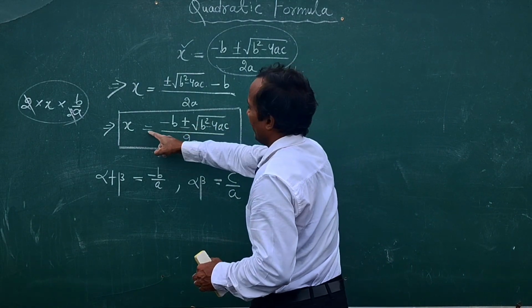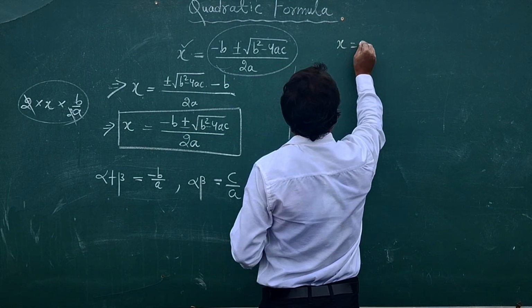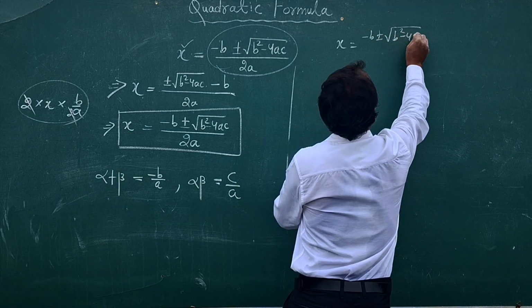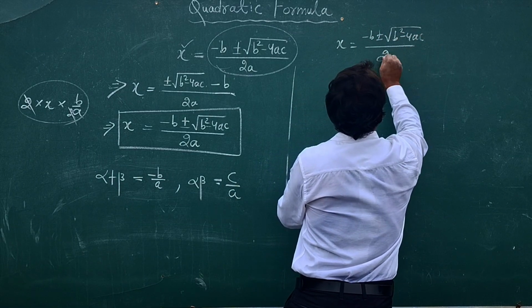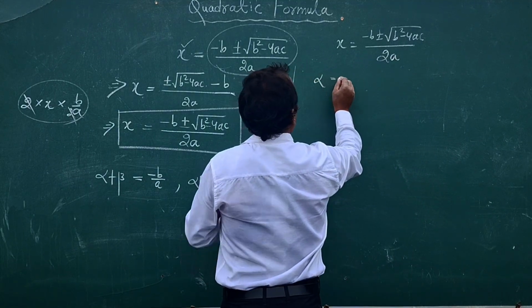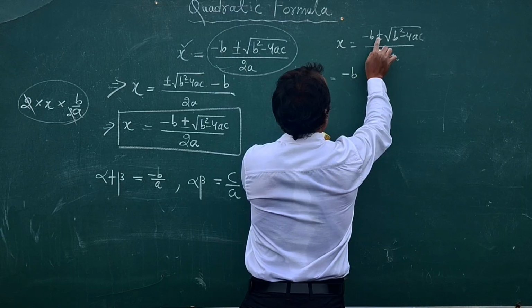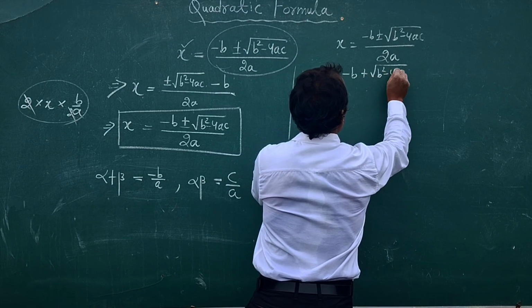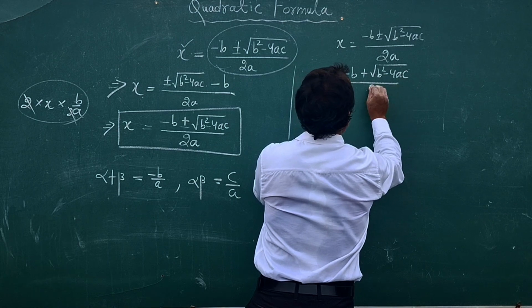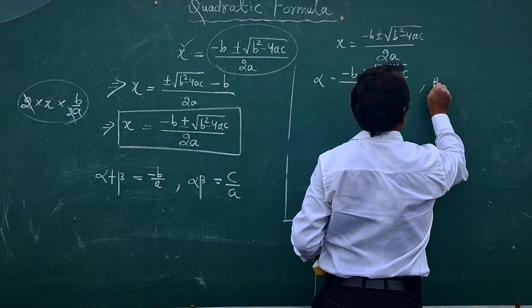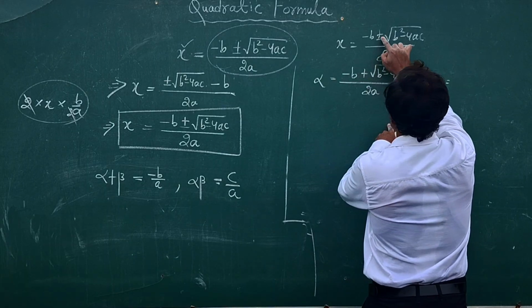Here I have x is equal to minus b plus minus square root of b square minus 4ac by 2a. This is the quadratic formula. Alpha is minus b, take plus, and square root of b square minus 4ac by 2a, and beta is, take minus out of this plus and minus.